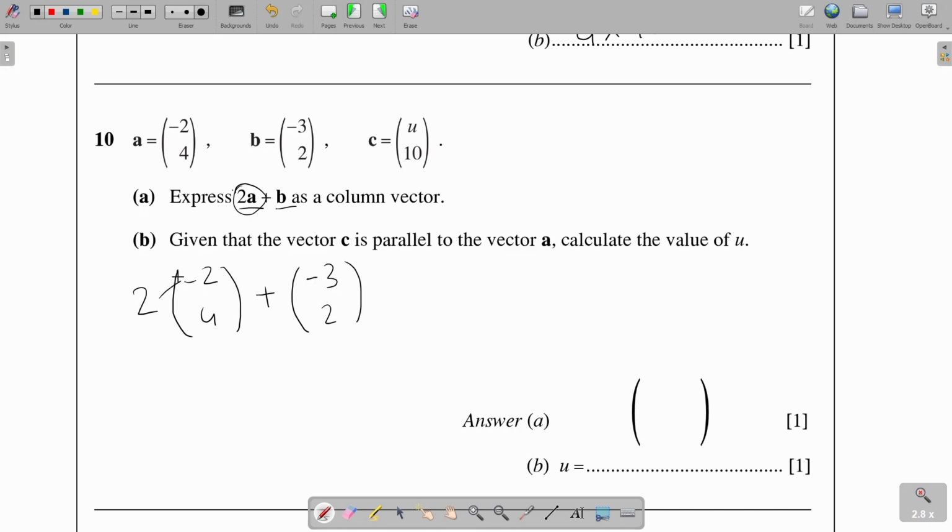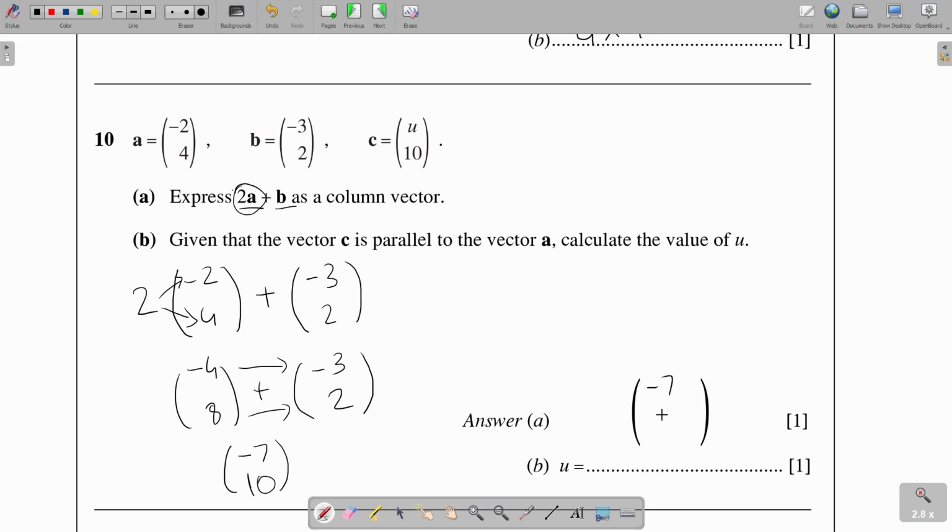So when we multiply both of them by 2, we get minus 4, 8 plus minus 3 and 2. And now adding them, we just add these and keep them at their spot. So adding them together, minus 4 plus minus 3 is minus 7, and 8 plus 2 is 10. So minus 7 and 10 is our first answer.